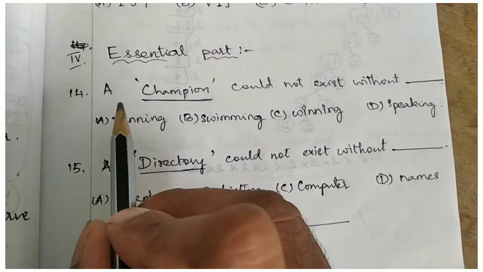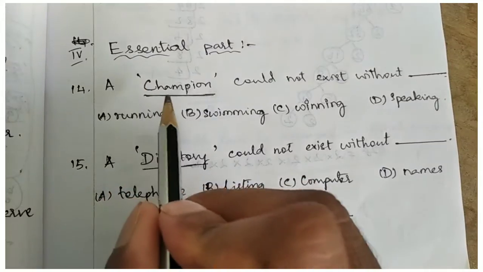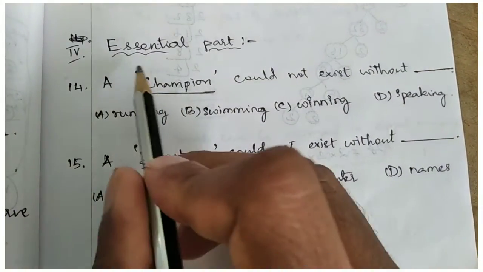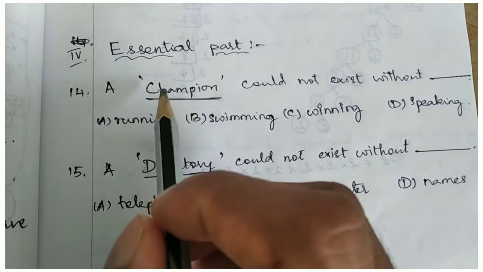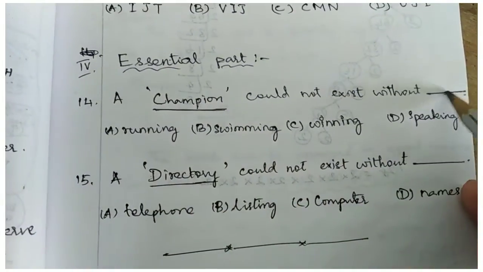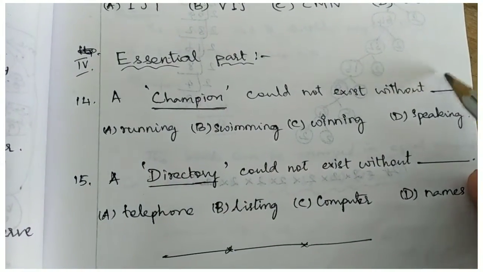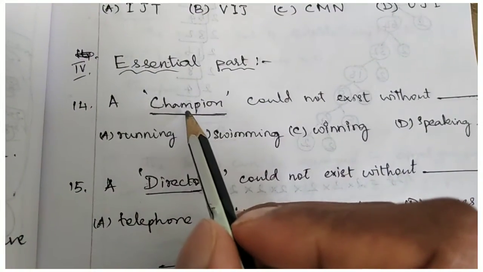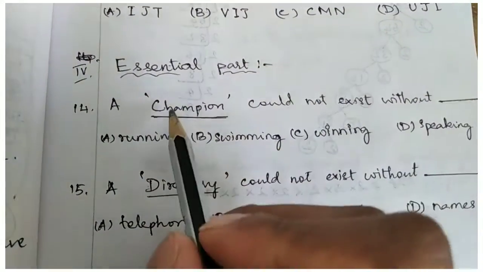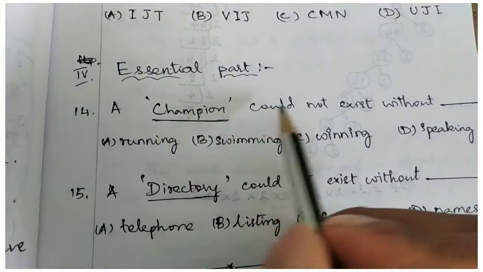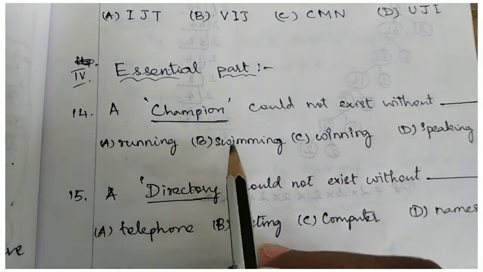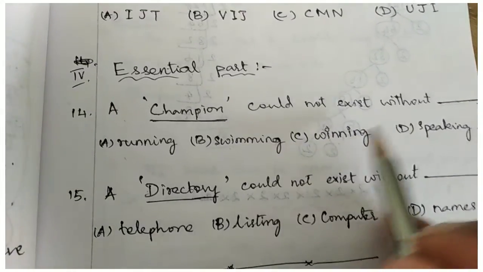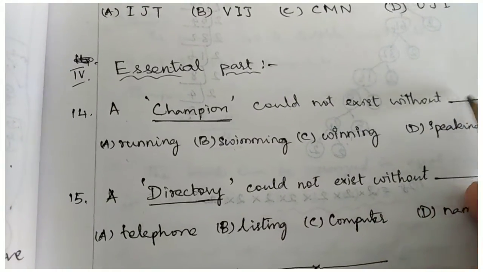Essential part. So here the word is there, underlined, in apostrophe, colon. For this one, the other word must be an essential part. It must suffice this word. A champion could not exist without what? Running, swimming, winning, speaking. Find one in this and put it here.